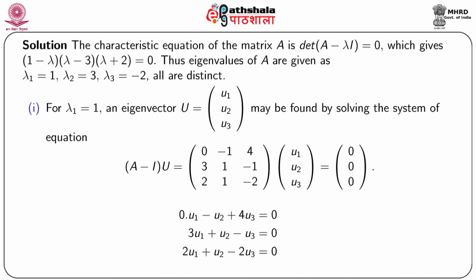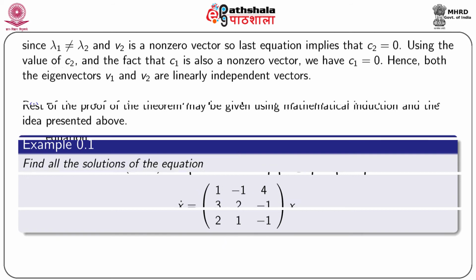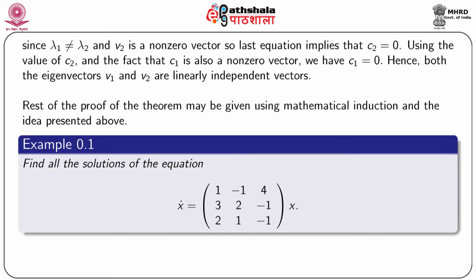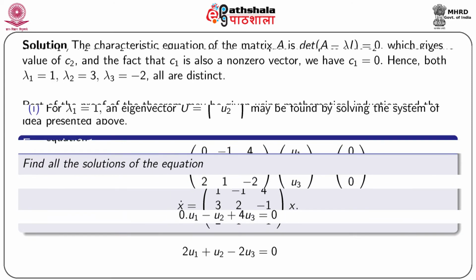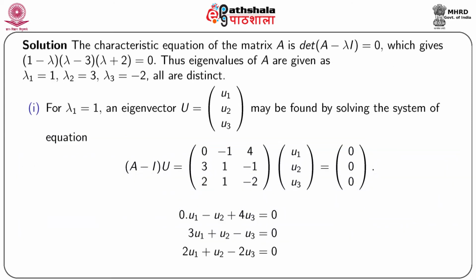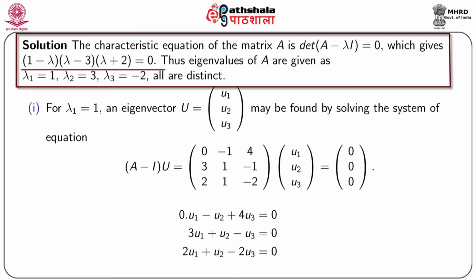And if you do that, you will get the determinant 1 minus lambda, minus 1, 4; 3, 2 minus lambda, minus 1; 2, 1, minus 1 minus lambda is equal to 0. And if you expand that determinant and you simplify, you will get it in the form 1 minus lambda, lambda minus 3, lambda plus 2 equal to 0.